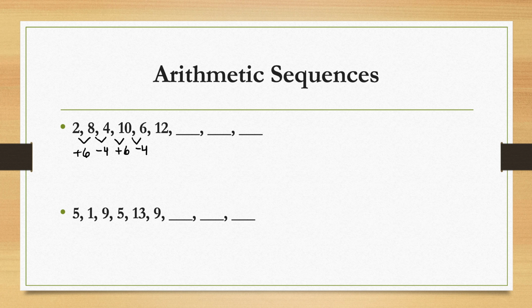And then from 6 to 12, that's an increase, so 6 plus 6 gives me 12. So you can see that pattern emerging, that you're adding 6, then subtracting 4, adding 6, subtracting 4. You're still looking at an arithmetic sequence because you're finding the terms by adding or subtracting.